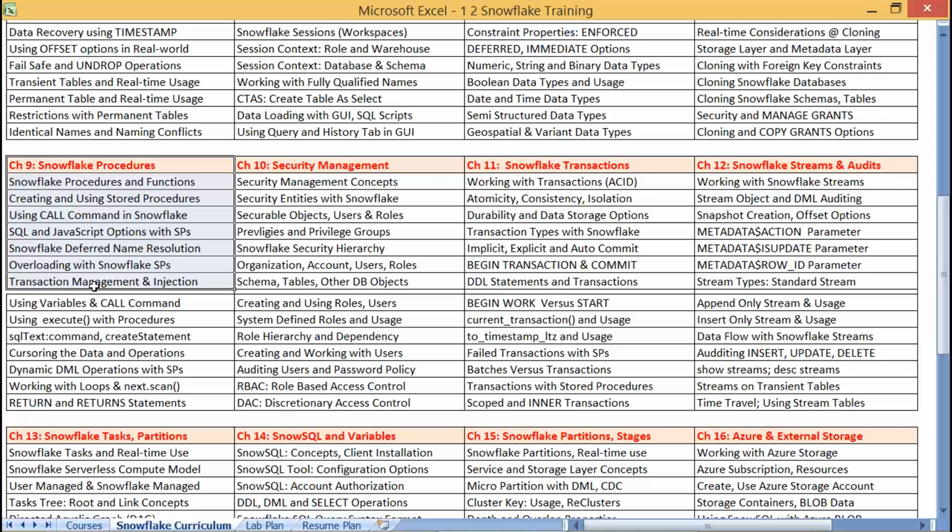We'll understand various statements pertaining to cursors, loops, returns, etc. We'll understand in-depth concepts pertaining to security management and Snowflake transactions, various transaction types, nested transactions, etc. Then we have Snowflake streams and audit activities, the monitoring activities.